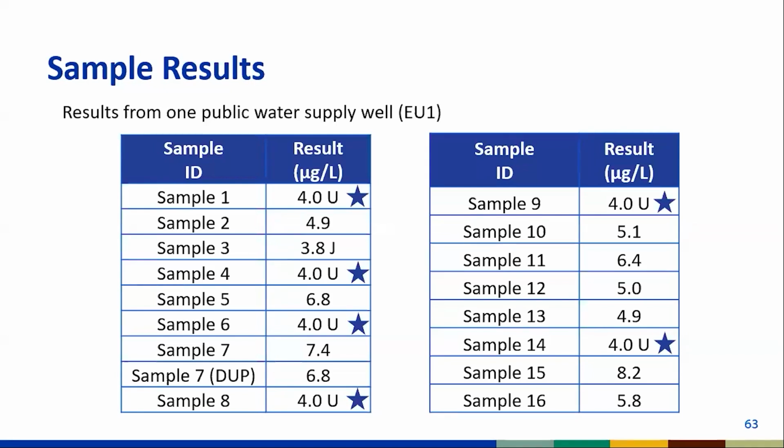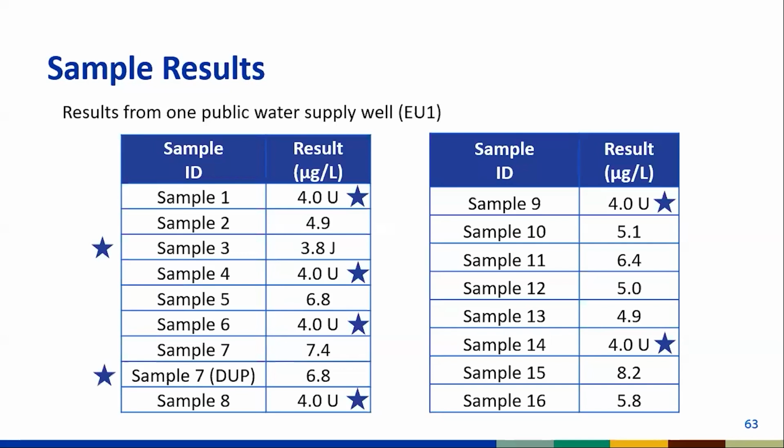There are 6 non-detect results, each with the same detection limit of 4.0 micrograms per liter. Third, the dataset contains one result that is reported as an estimated value, as indicated by the J flag. Specifically, sample 3 is reported at a concentration of 3.8 micrograms per liter, but the J flag warns us that there's some uncertainty around that measurement.